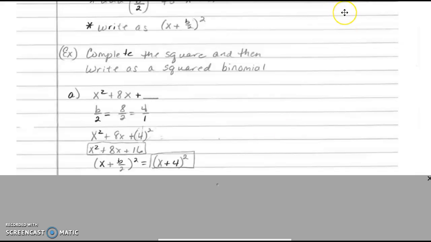So why does that work? How do we know that that's what it is? Well, we could come over here and we know x plus 4 squared is the same as x plus 4 times x plus 4. And then we could FOIL.